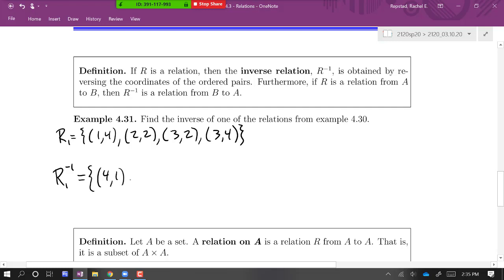So (4, 1), (2, 2), (2, 3), (4, 3). So R1, that first relation, is a subset of A cross B, and its inverse is a subset of B cross A.